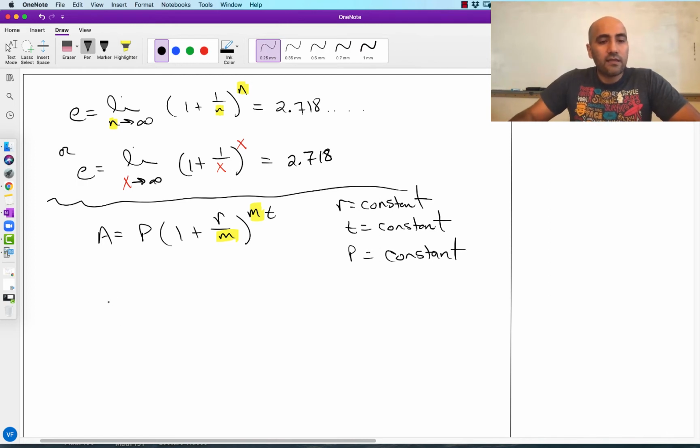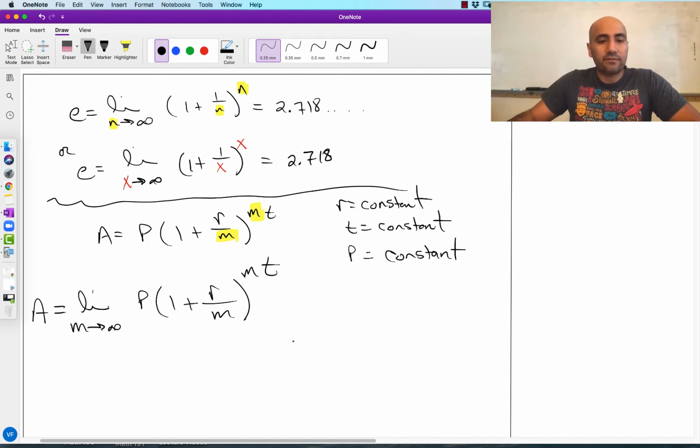Let's find the limit as m goes to infinity of this formula, P times 1 plus r over m to the power of mt. And this is still going to be A, the account balance that we get when the compounding goes to infinity.